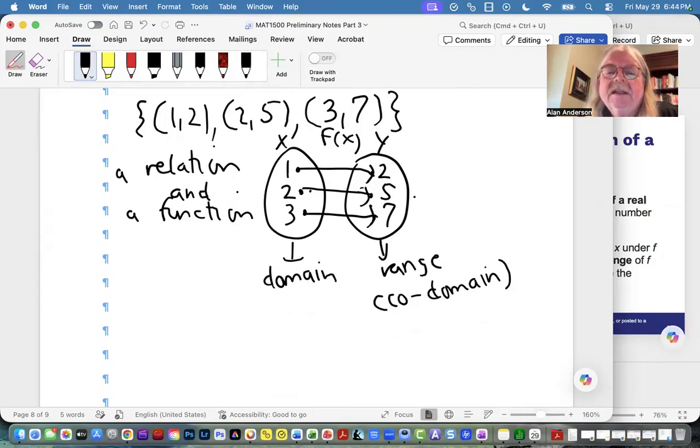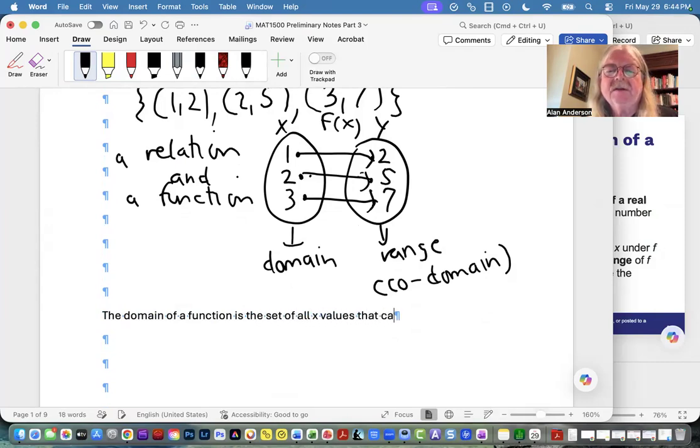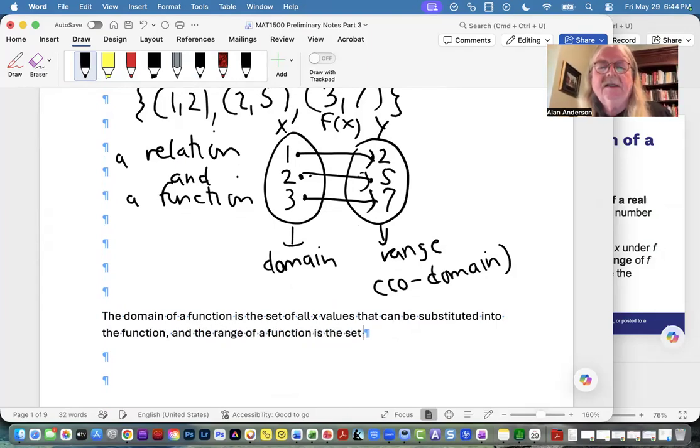The domain, let me just do this a little more informally. The domain of a function is the set of all x values that can be substituted into the function. And the range of a function is the set of all y values that result from substituting x values into the function.